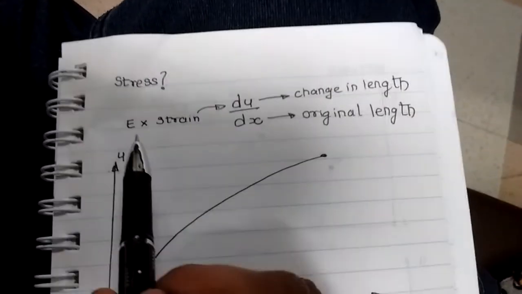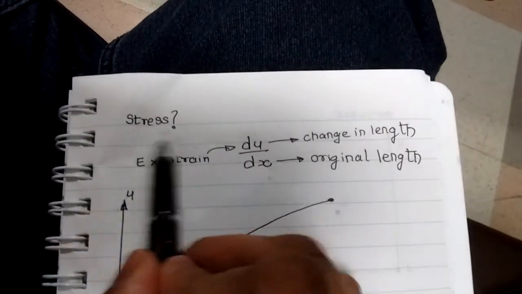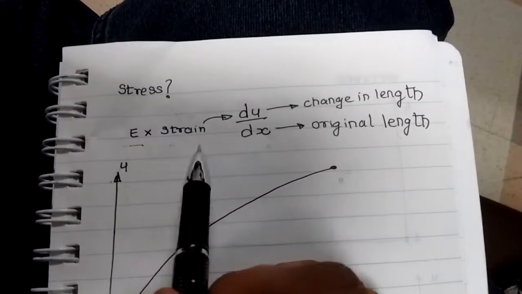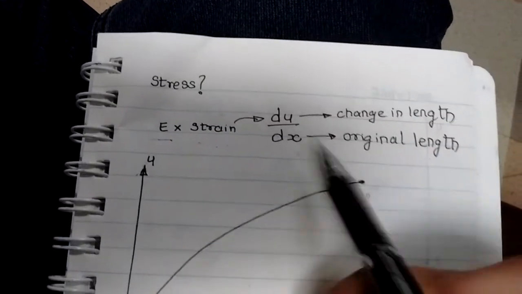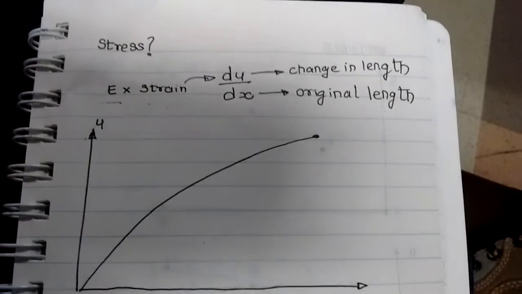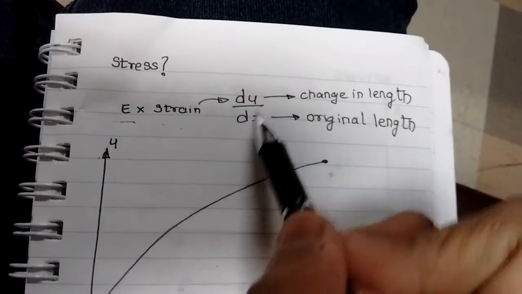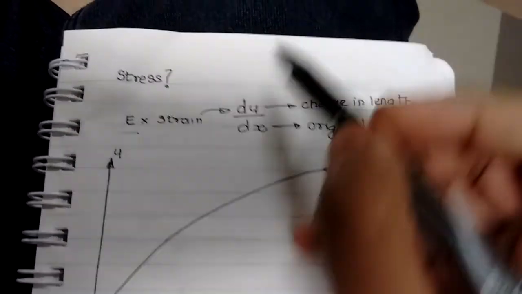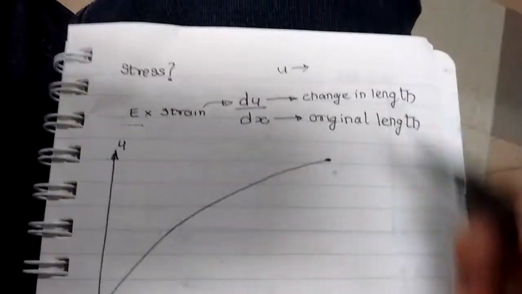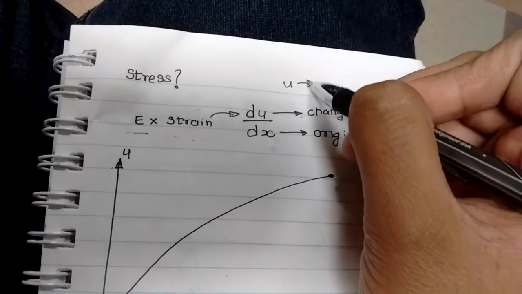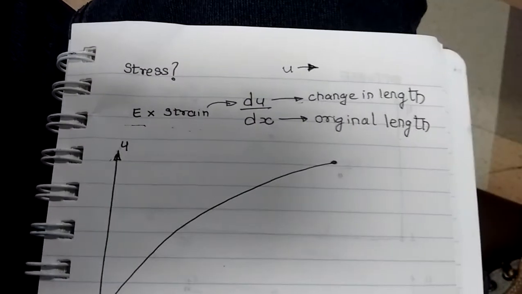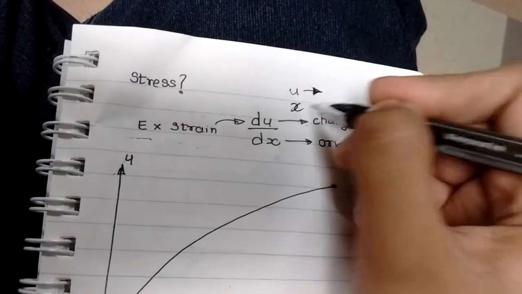First we'll see, basically, what is stress? Stress is Young's modulus times strain. The strain for the above problem we can write as du by dx, that is change in length. As you know, u is the displacement from the initial position, and x is the length.